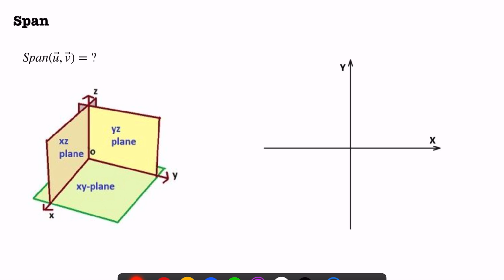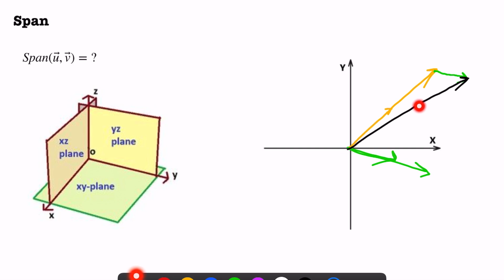Span of two vectors. So consider the xy plane we have, and let's take two vectors. What is the span of these two vectors? We can scale the vectors and add them up to get new vectors.